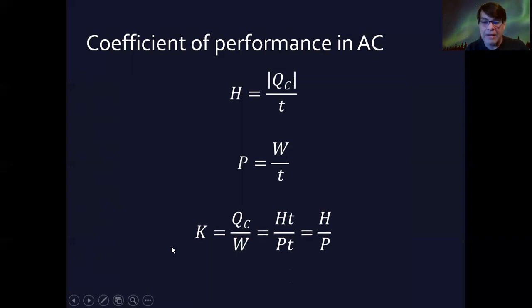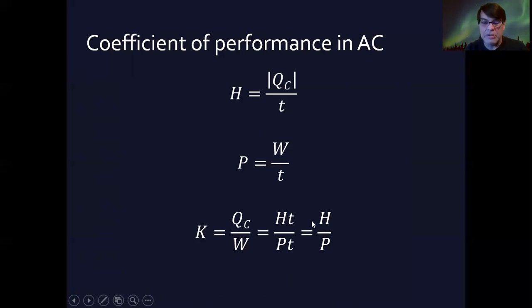So if we go back to the coefficient of performance, remember, it was the absolute value of QC over the absolute value of work. Well, we can multiply both sides by T, and we have QC equals HT. And then work, W, equals PT.